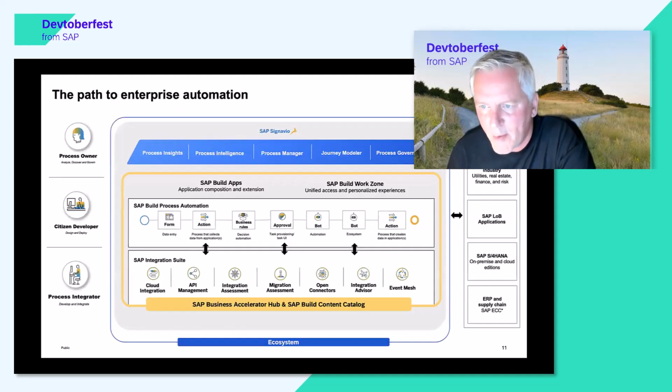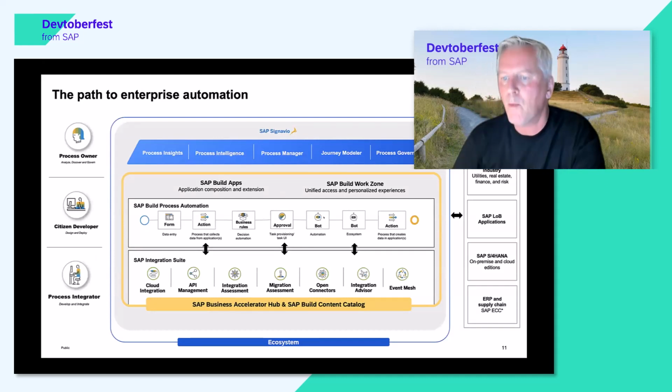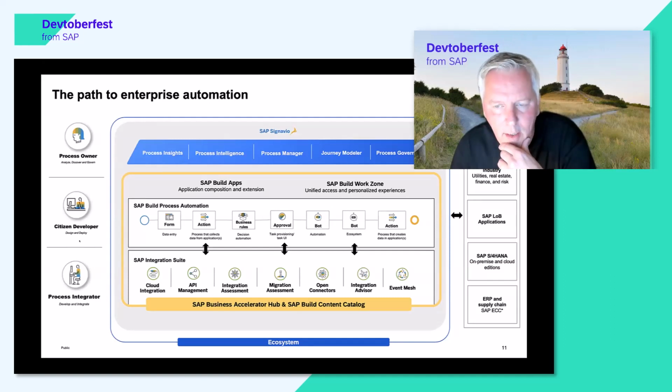Overall, the picture is also integrating third-party or ecosystem bot automations into an end-to-end process, the same way that in an end-to-end process we can use bots and business rules and so on and so forth. Yeah, this is something that is on top of our mind.